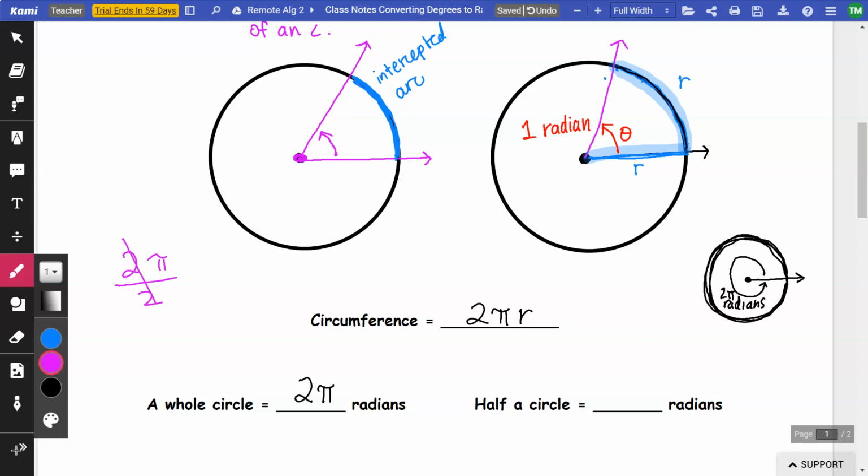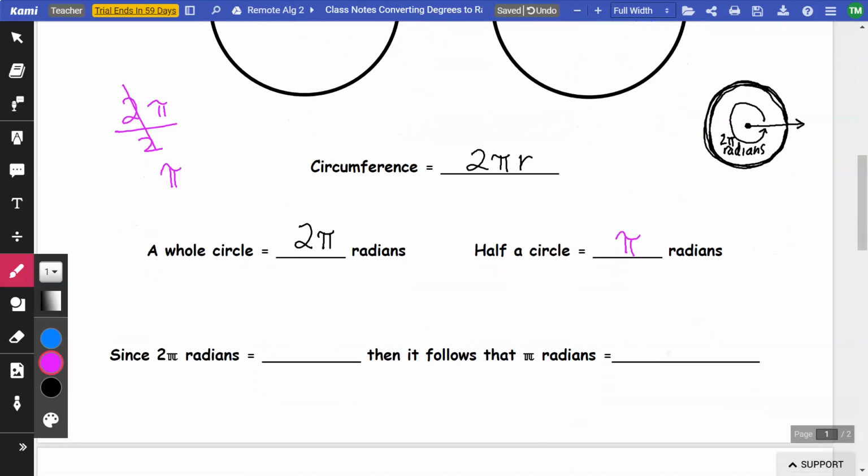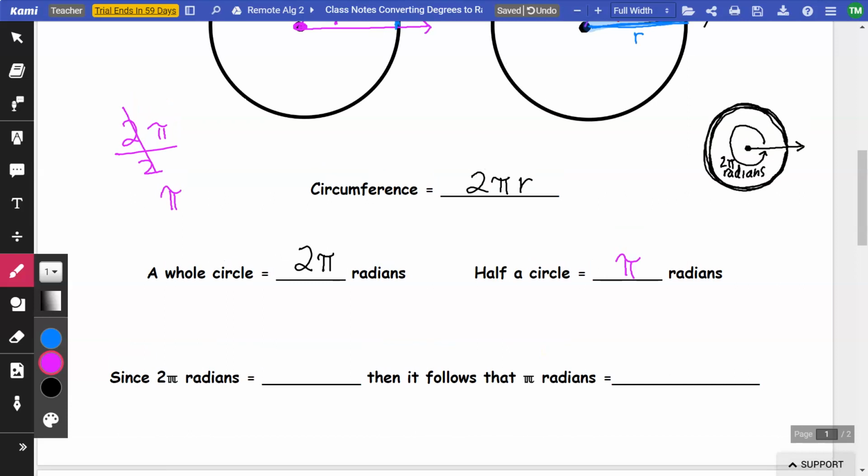Well, 2 divided by 2 is 1, so that means that half of the circle has exactly 1 pi radians, or pi radians. So since 2 pi radians is the same thing as 360 degrees, it follows that a single pi radian would be equal to 180 degrees, exactly half of that.